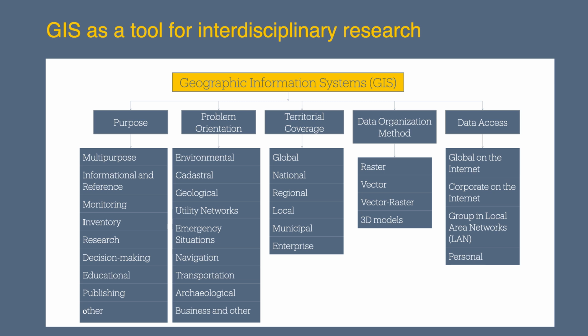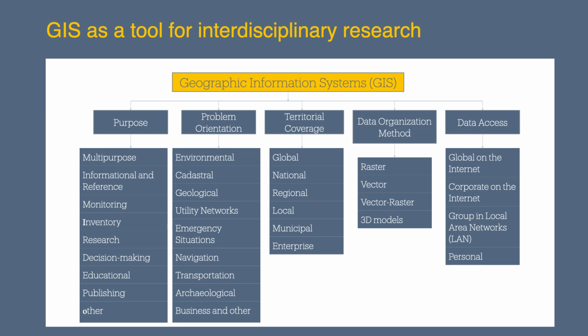GIS can be raster, vector, or combined. Vector systems use points, lines, and polygons, while raster systems represent data as pixels. Some systems may use three-dimensional data for more detailed analysis. Access to GIS can be organized in different ways. Global systems are available through the internet.